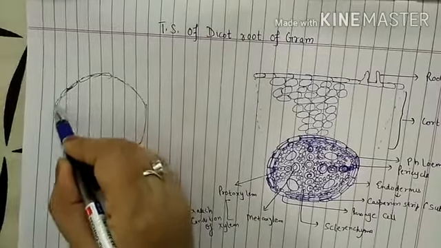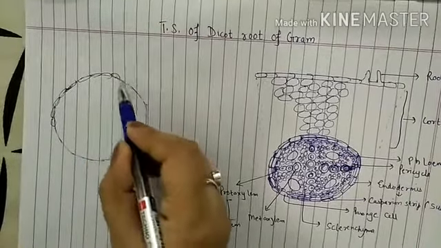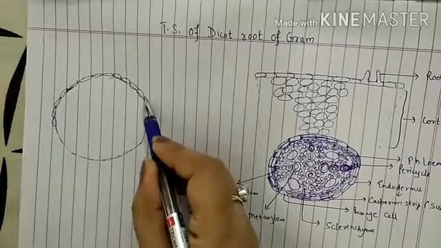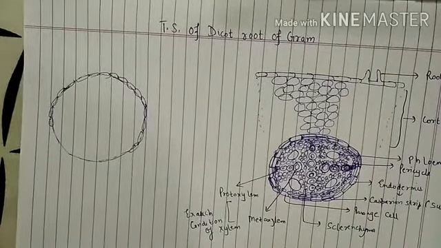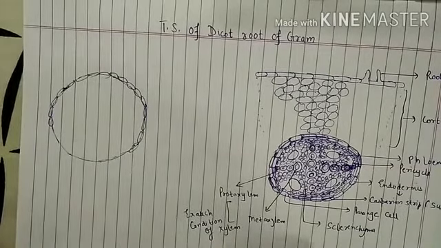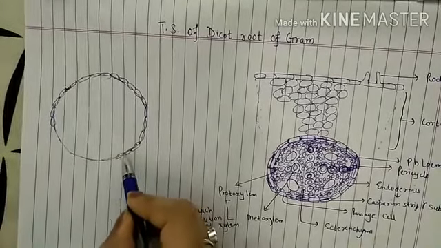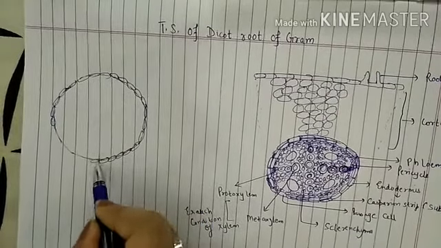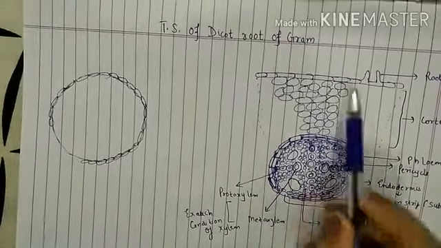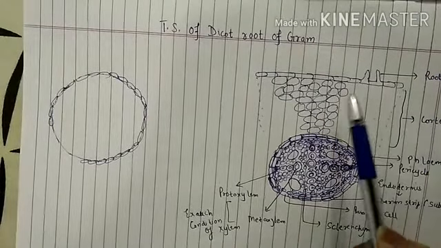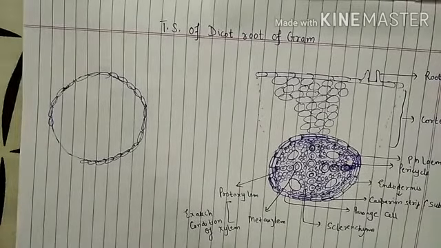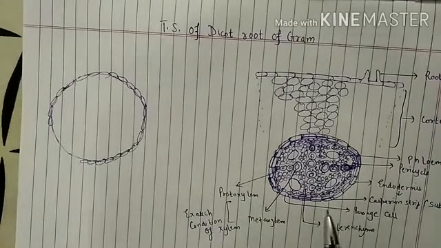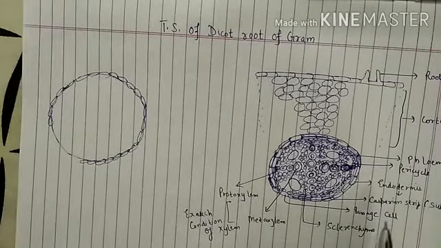So this is the epidermis, and in epidermis the cells are compactly and closely arranged without any intercellular spaces. The cells in epidermis are thin walled, closely spaced, and there are no intercellular spaces. You can observe here in the epidermis the cells are closely placed and there are no intercellular spaces. And epidermis of root is also known as piliferous layer or epiblema.